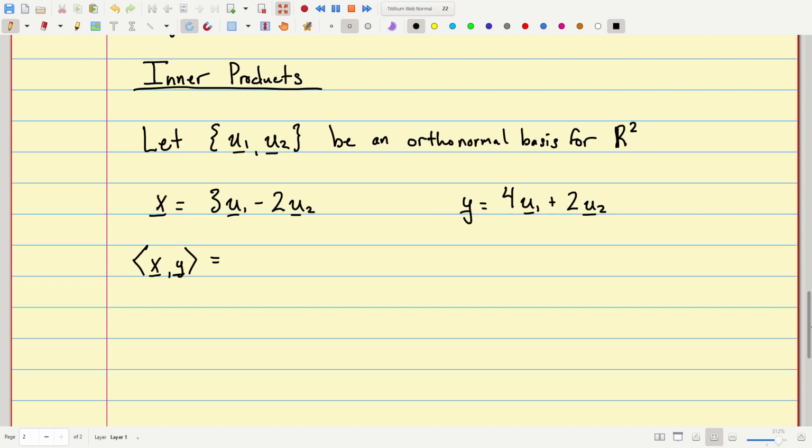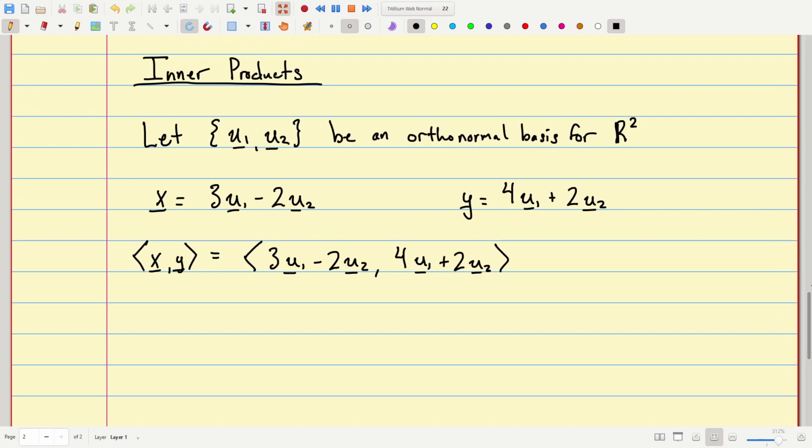I'll just write it out. If we want to work this out, the main idea is we have multiple properties for inner products.